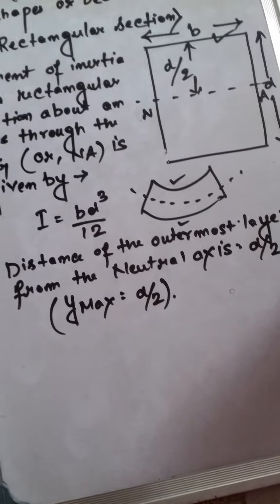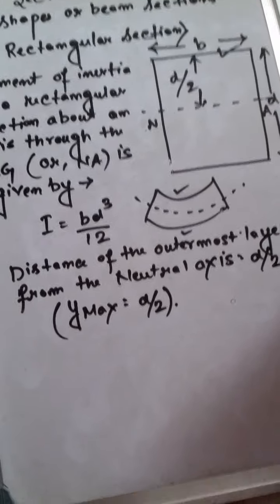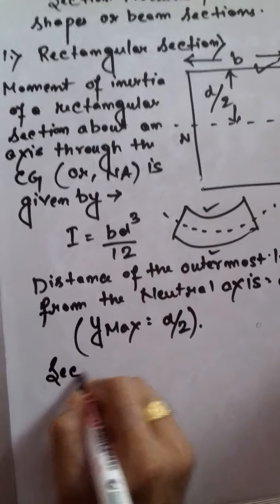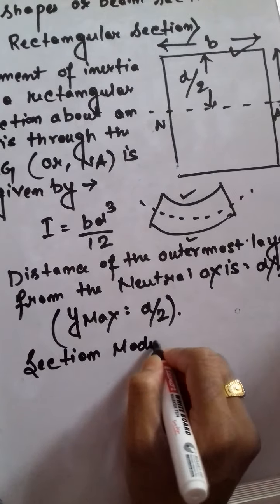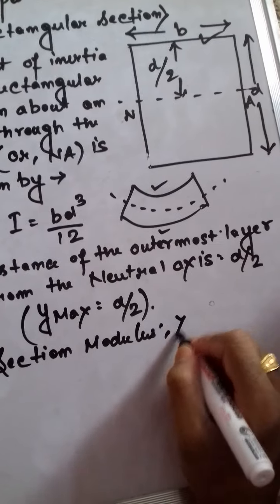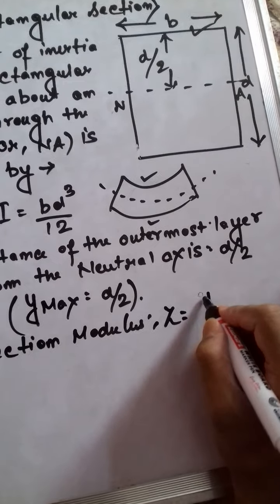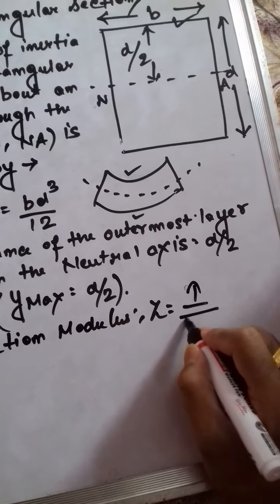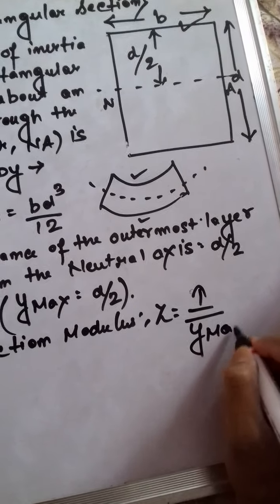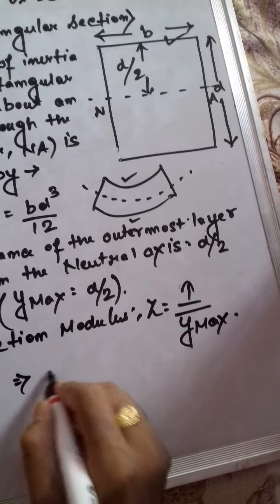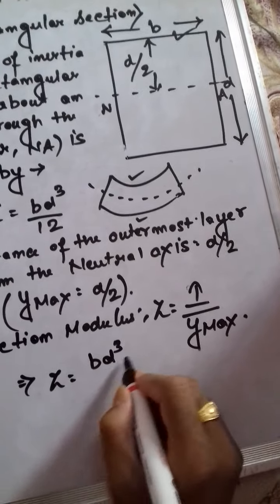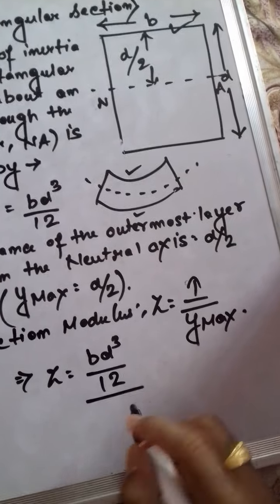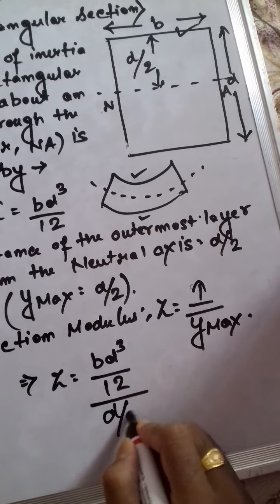Now we know the formula for section modulus, which is mathematically denoted by Z. That is, section modulus is equal to I divided by y maximum, right? So if you substitute the value, Z is equal to I, the moment of inertia, bd cube by 12, divided by y maximum, which is d by 2.